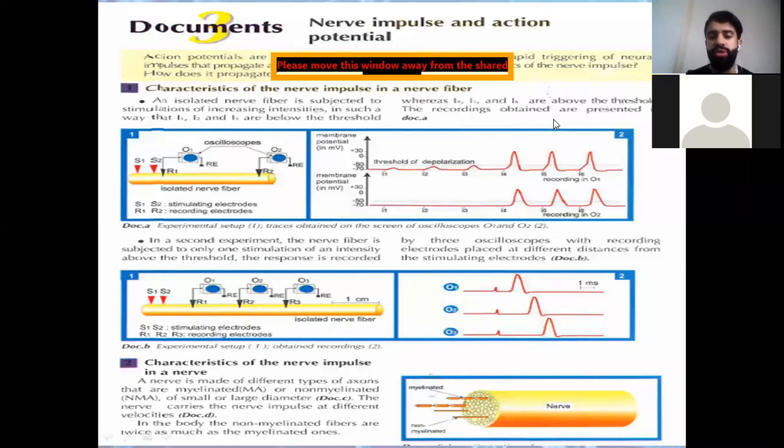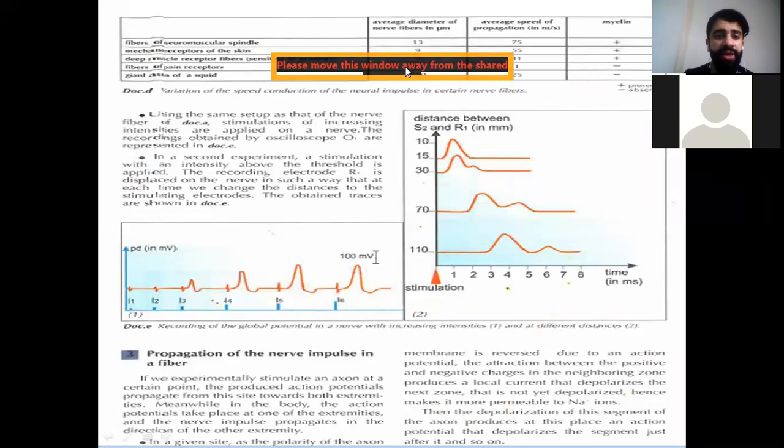So let's move now to document D. They are showing the variation of the speed of conduction or propagation of a neural impulse in certain nerve fibers. Here we have fibers of a neuromuscular spindle, mechanoreceptors of the skin, third, the deep muscle receptors, which are sensitive, and the fibers of pain receptors.